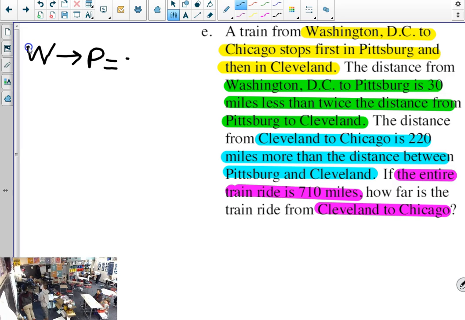So, from the map, we basically drew a line from Chicago to Cleveland and put a variable as X there, and then from Cleveland to Pittsburgh, we put a Y as our variable, and from Pittsburgh to Washington, we put Z as our variable.